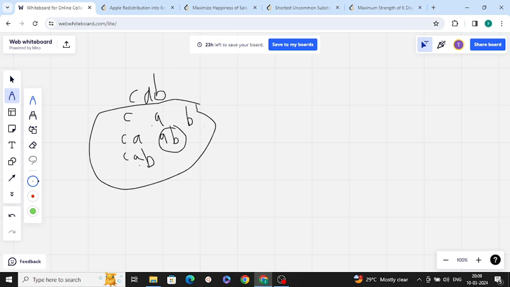The reason is that we need to check whether these substrings are present in the remaining strings. If it is currently present in the map, it will show that it is present, right?